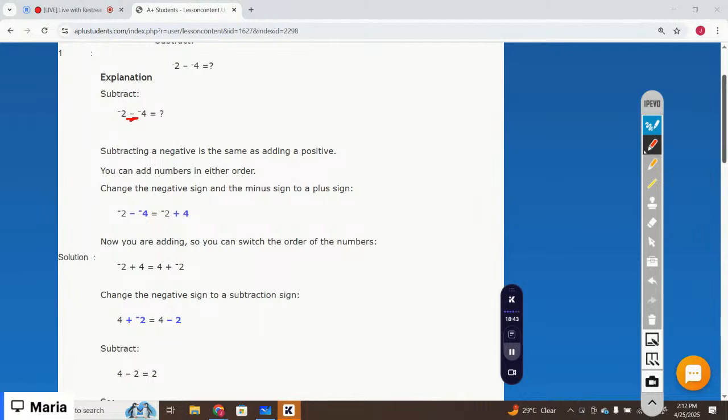That means you're subtracting a negative integer. Subtracting a negative integer is the same as adding a positive integer. You can replace this sign when we have two negative signs. So you can write it as -2 plus 4. You can rewrite that as 4 plus -2. And adding a negative integer means you are subtracting. So 4 minus 2 equals 2. So the correct option is 2.